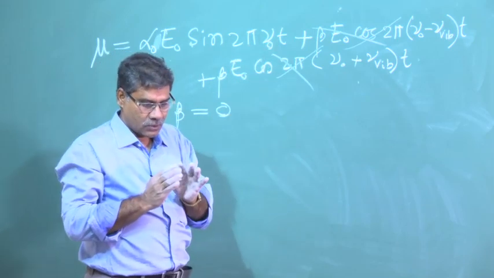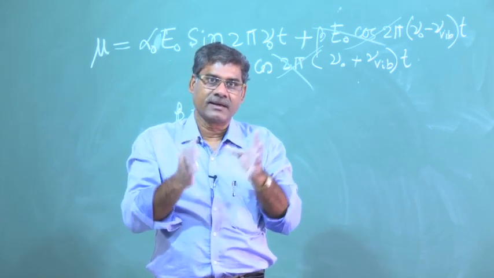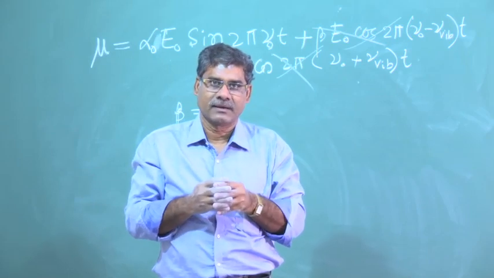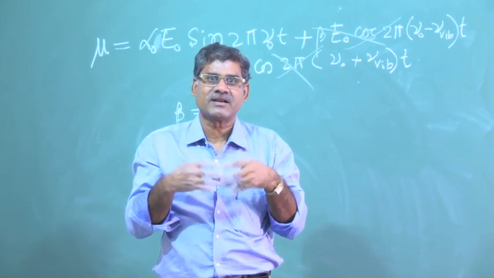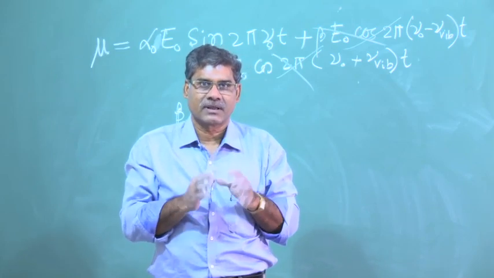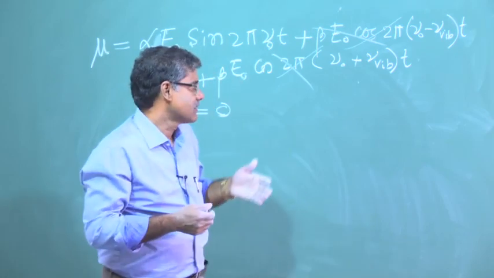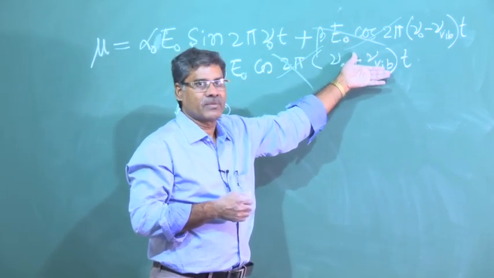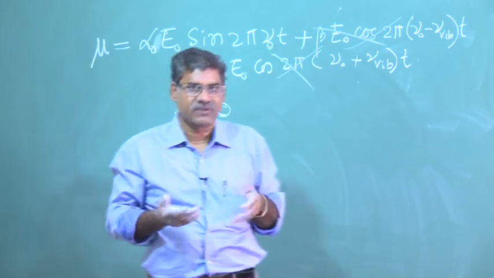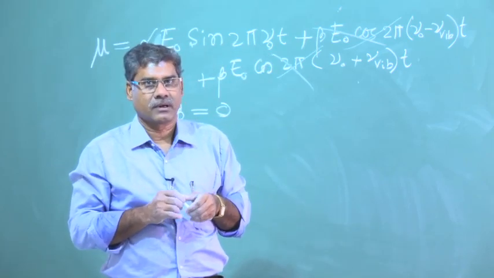But if the distribution is ellipsoid, that means there is a change of polarizability, so beta is not equal to 0. Then it is Raman active and you will get Raman scattering, and these two terms will exist. That's why we define Raman active and Raman inactive molecules.